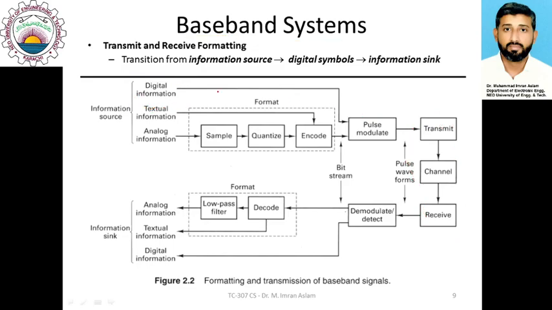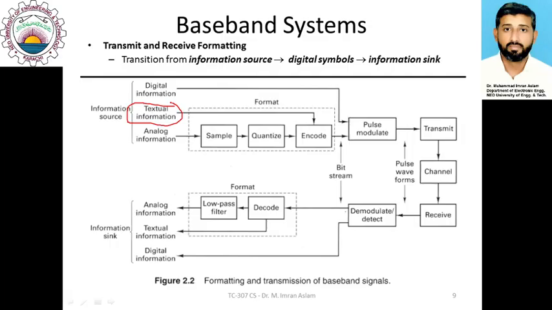However, in some cases we have textual information. Textual information is commonly used for many communications. For example, in email, the information that we input is in the form of text.